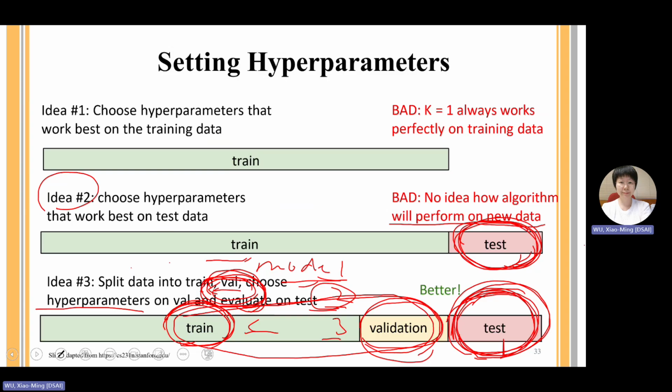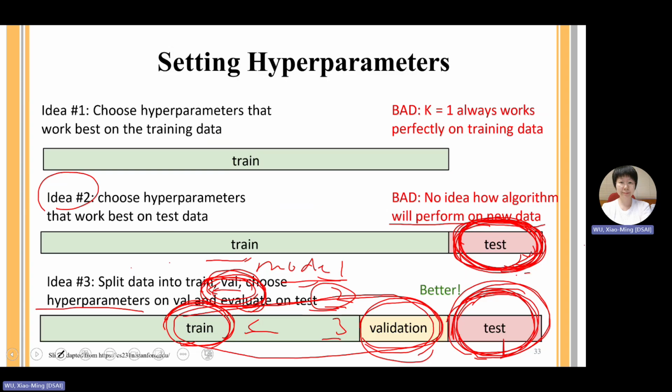You have used up all the data, and you use test data for training. Okay, so you will overfit the test data, and the performance of your model on the test data doesn't represent its performance on unseen data.